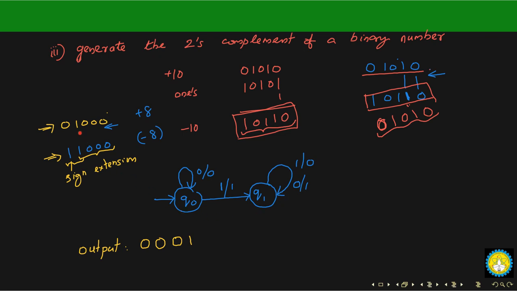In this case, we have already seen a 1, and the output is 1. Next we have a 0, so since we have a 0 input, our output is going to be 1.